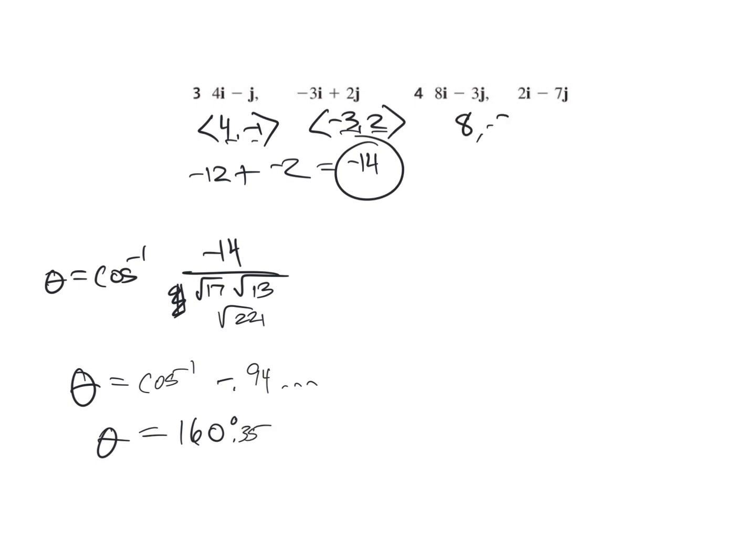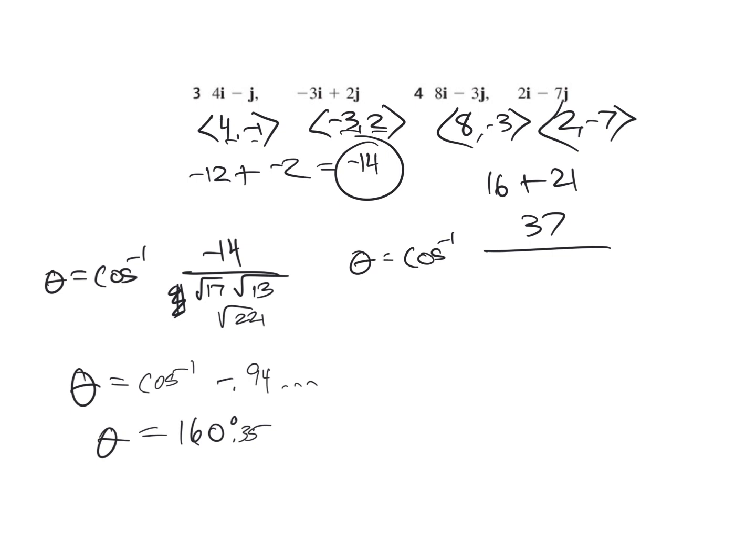Number 4 is 8, negative 3, and 2, negative 7. Do the same thing all over again. If it's going too fast, then stop the video and try it on your own. So we have 16 plus 21, that would be 37. And we're going to divide that by the square root of 64 plus 9, which is 73, and 4 plus 49, which is 53.